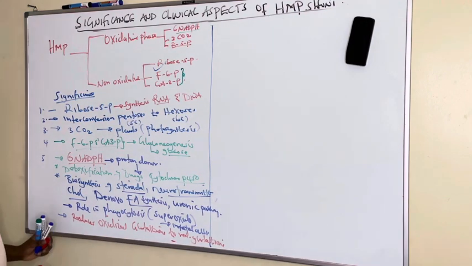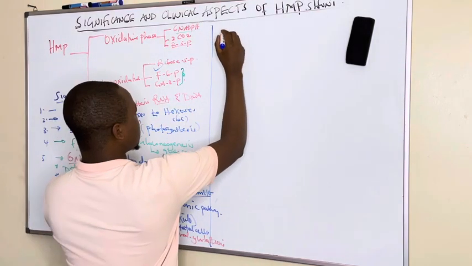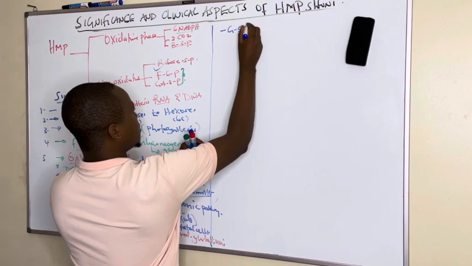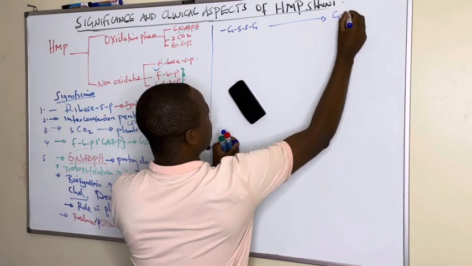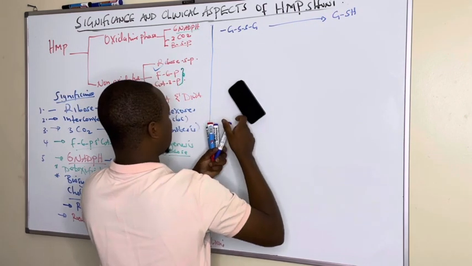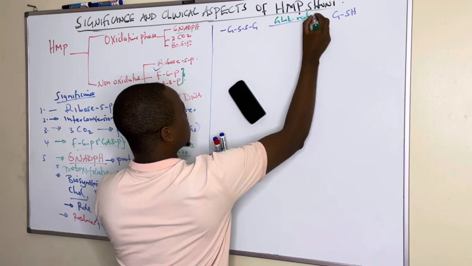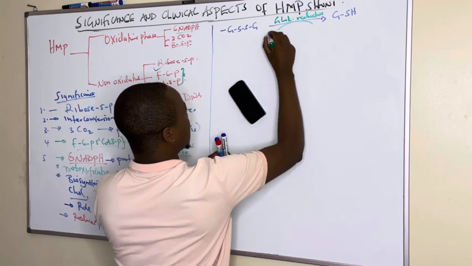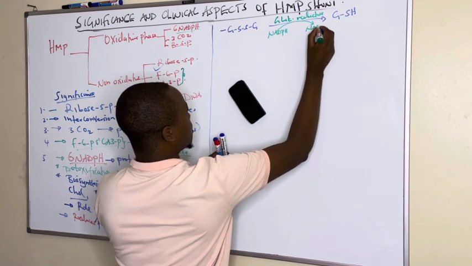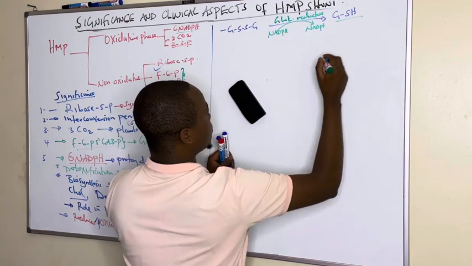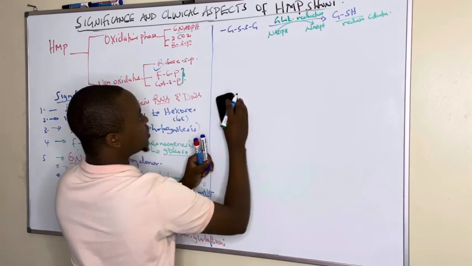If oxidized glutathione accumulates, it is reduced to reduced glutathione by an enzyme known as glutathione reductase, and this enzyme utilizes NADPH, forming NADP+.